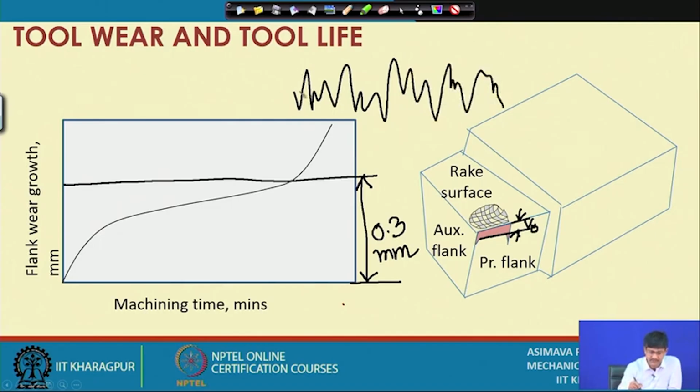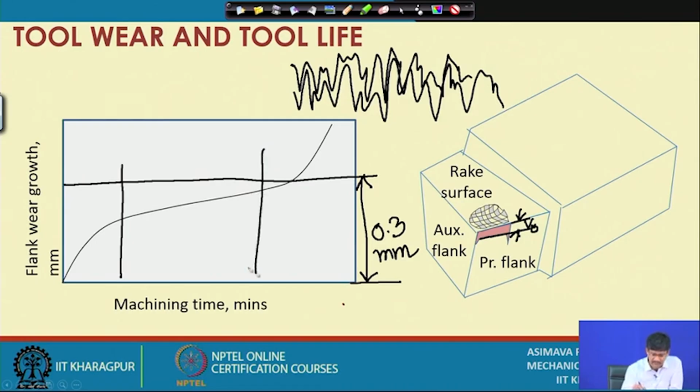These will engage with the workpiece asperities, and rapid break-in wear will take place when these are broken off, or flattened or abraded, etc. All these phenomena will take place, and this is rapid break-in wear. After that, once they have been cut down to size, there will come a region where a regular wear phenomenon takes place.